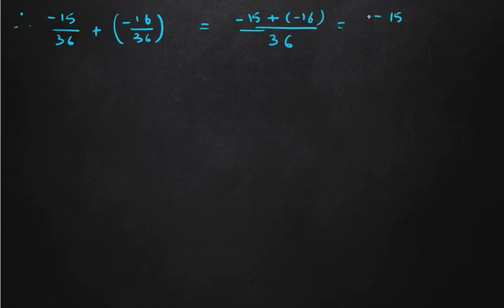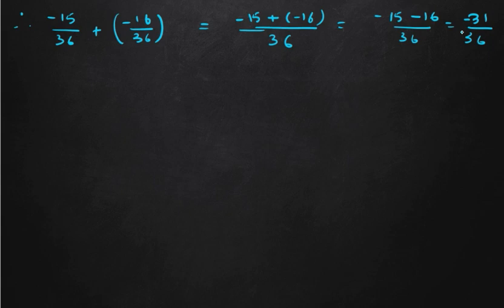So minus plus minus, 15 plus 16, it will be minus 31. Why minus 31? Because 16 is greater and the sign of 16 is negative. So we put the sign of the greater number, minus 31 by 36. So this is the required answer. Fine. So you can use this method, or one other method was also given in the book, so you can use that also.